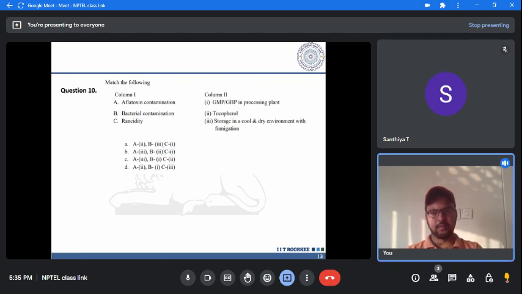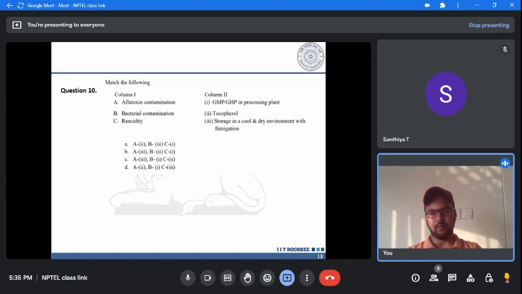So question 10 is a match the following. We have two columns, column 1 and column 2. We have some terms: aflatoxin contamination, bacterial contamination, and acidity. We have to match these terms with column 2. So your options are: A, A2, B3, C1.